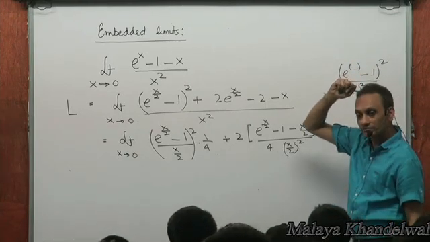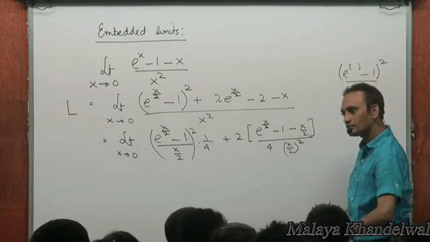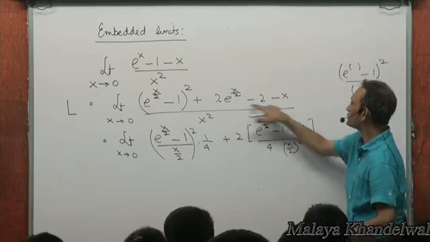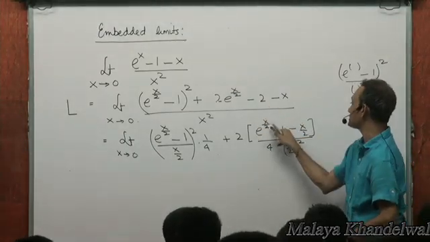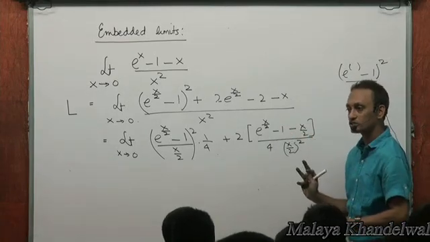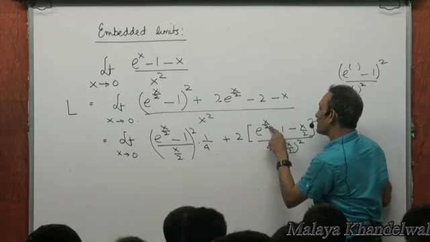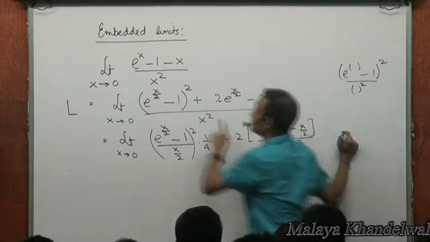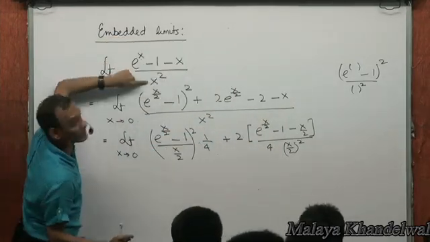You know what I've done here? So far so good? Anshul. This I took 2 common from this, and this x I wrote as x by 2 whole squared, so that this x by 2 and this x by 2 could match. Right? Now, what is this limit? E power something minus 1 minus something by something squared. What was the original limit? E power something minus 1 minus something by something squared.